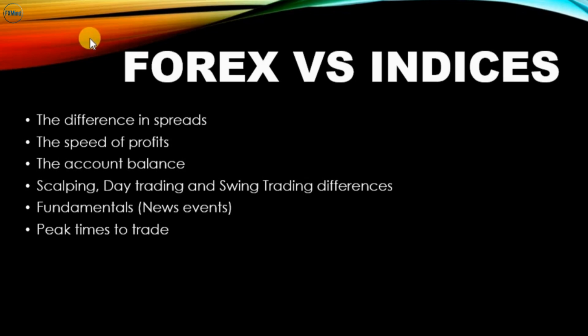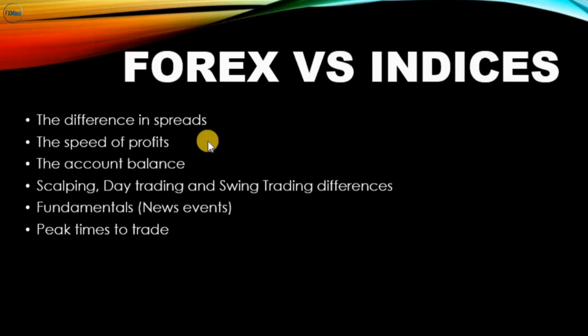And the next thing I want to highlight is the speed of profits. To make pips in Forex, it takes some time. For instance, let me give you an example. If in Forex, when you're trying to trade, let's just say Euro USD, and your aim is to make 50 pips on a normal trading session without any fundamental news coming into the picture, it'll take you a few hours or maybe 30 minutes plus to reach the 50 pip mark.